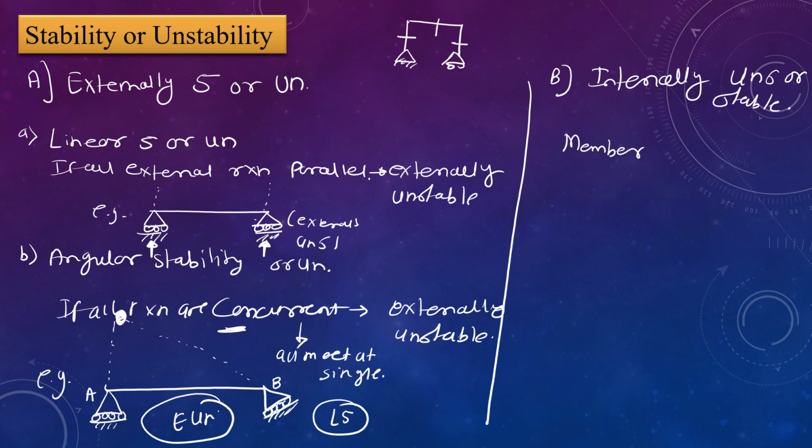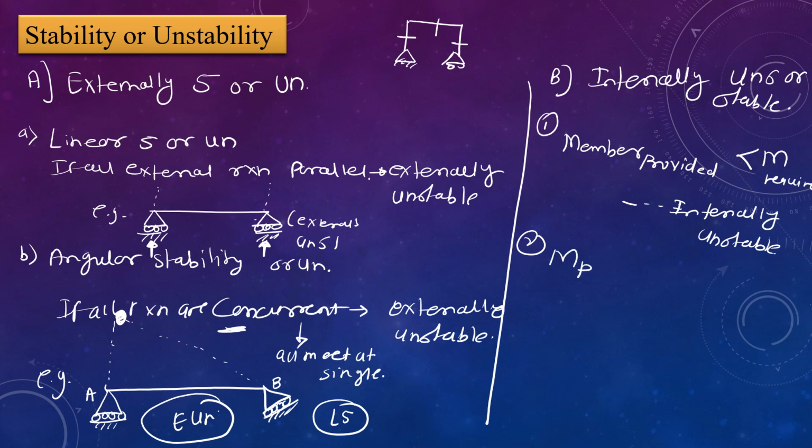If member provided is less than member required, then that structure is internally unstable. And the next condition is if member provided is greater than or equal to member required, then this is the condition of an internally stable structure.